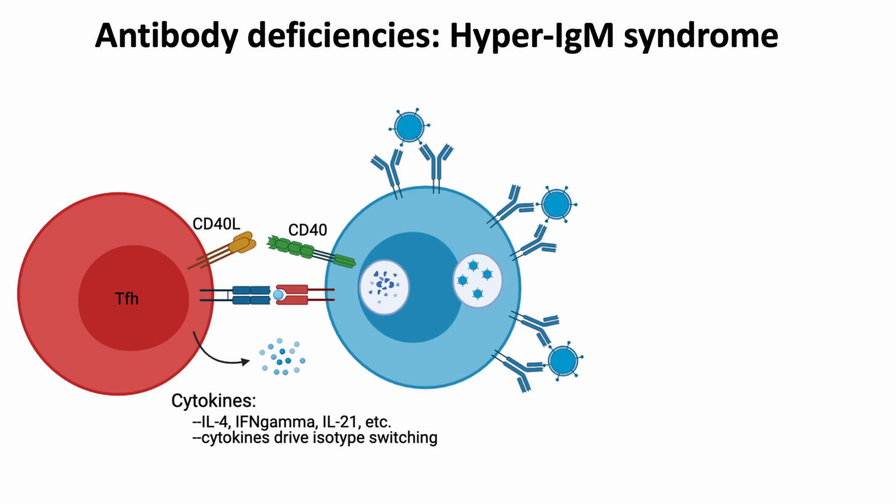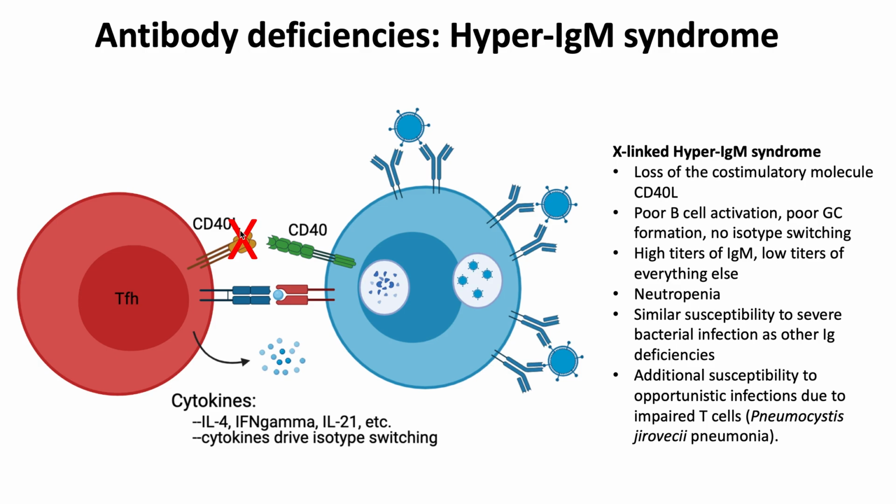And the last antibody deficiency I wanted to mention to you is hyper IgM syndrome. This results from the inability of a T cell to provide adequate help to a B cell to induce it to form a germinal center. And this is because the deficiency in hyper IgM syndrome is an inability to express this co-stimulatory molecule called CD40 ligand, which again is expressed on the X chromosome.